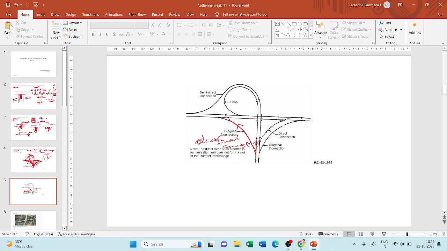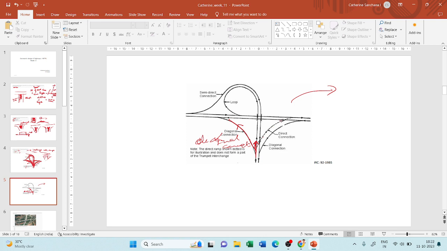Now let us say you're traveling again on this same road and you want to go to the right. Now you have two options. This is just an example, okay? This is not exactly a trumpet interchange. They told you that a trumpet interchange will not have a direct connection, so this thing is just imaginary.